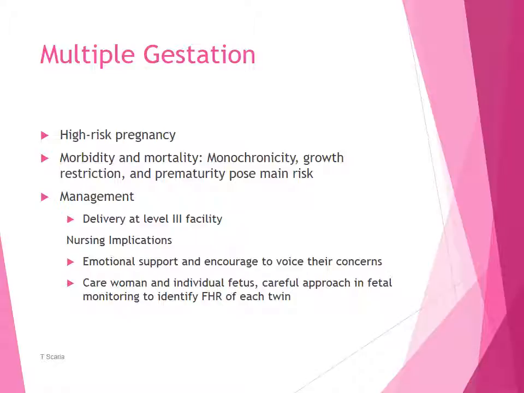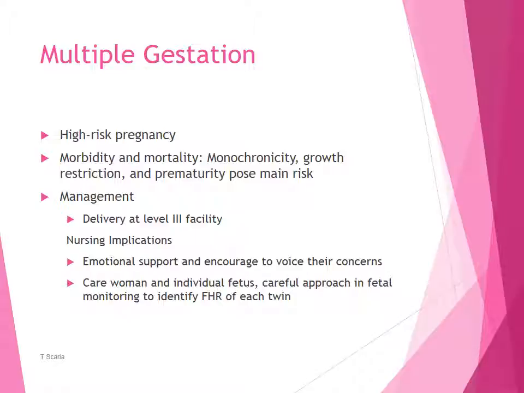And twin-to-twin transfusion syndrome is a main complication of monochorionic twins, which results from vascular connections or anastomosis within the single monochorionic placenta. So this is a main risk, and that can lead to intrauterine growth restrictions, and sometimes either one of the fetuses or both fetuses may die.